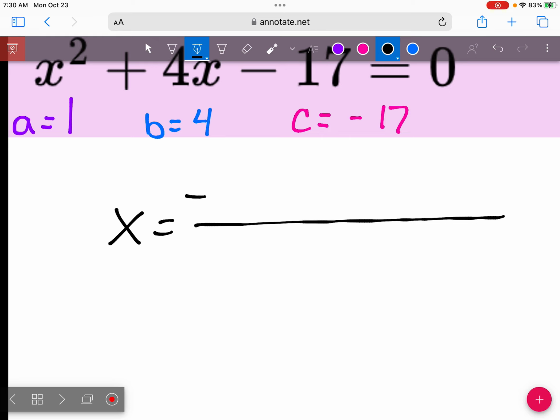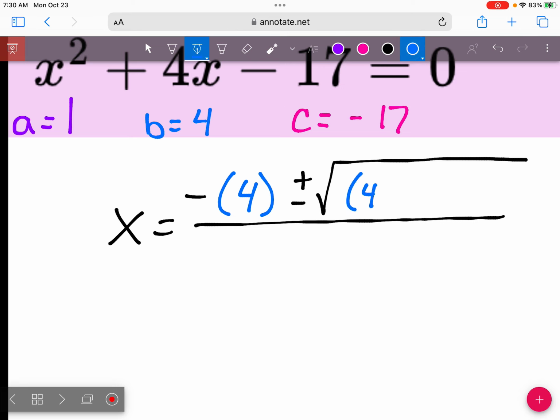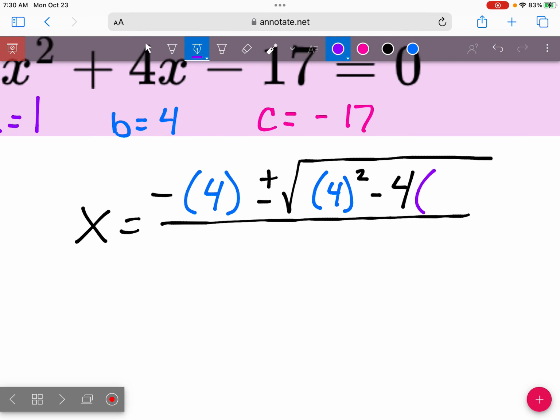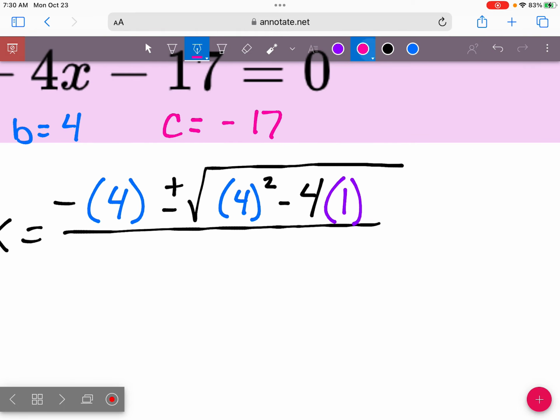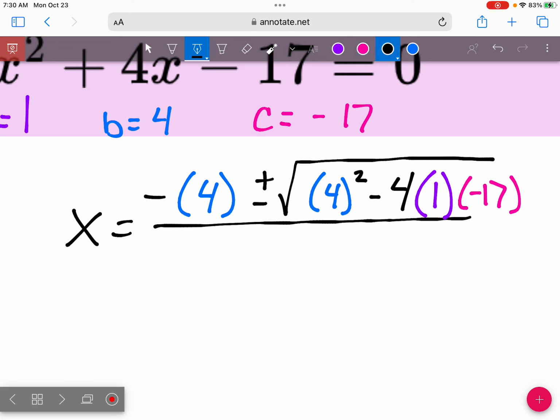So we have our opposite of b, which I have as blue, which is 4, plus or minus the square root of b, which is 4 squared, minus 4 times my a, which is 1, times c, which is negative 17. And my denominator is 2 times my a, which is 1.